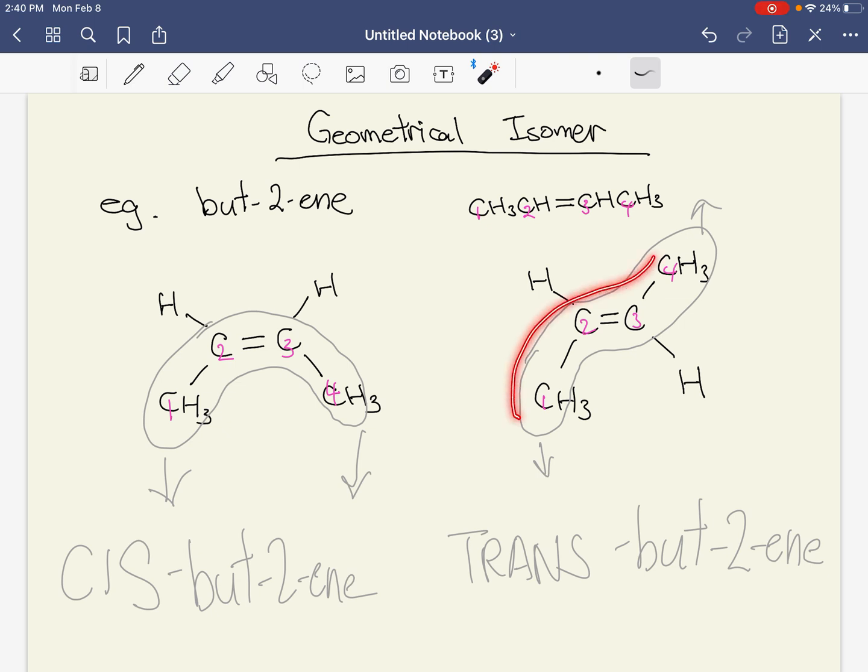If your longest chain is built where one part sticks in one direction and the other part sticks in the other direction, that's a trans. So, hopefully you guys are happy with that. And let's take a look at another example to see if you're able to figure this out.